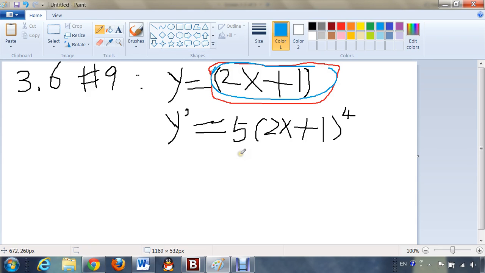Now 2x plus 1, you may want to look at the rules again to take the derivative of this, but I'm pretty sure you're smart enough to quickly find the derivative of 2x plus 1. The derivative of 2x plus 1 is just 2, because the derivative of 1 is 0, right? So what happened to this 2? Well, this 2, we always just multiply it back to the derivative that you just got from the previous level.